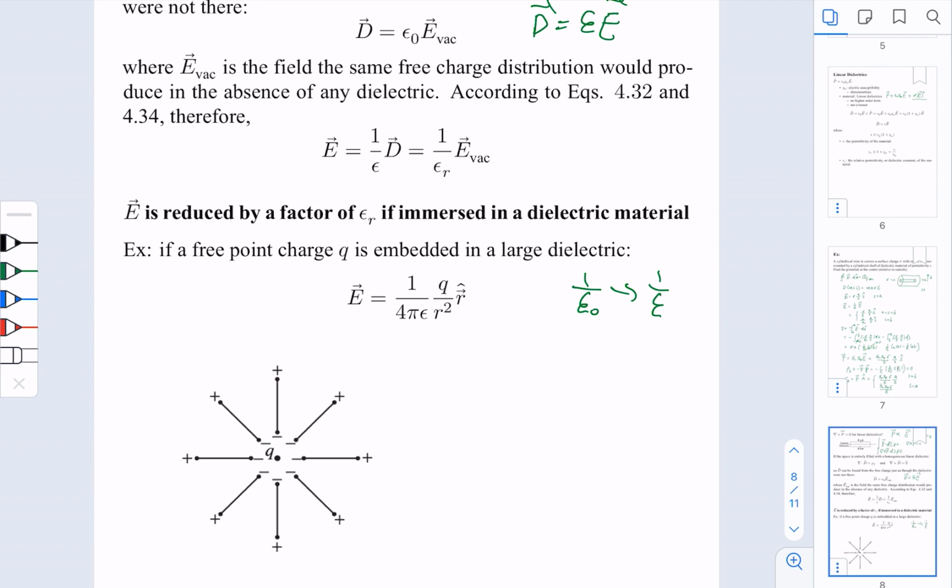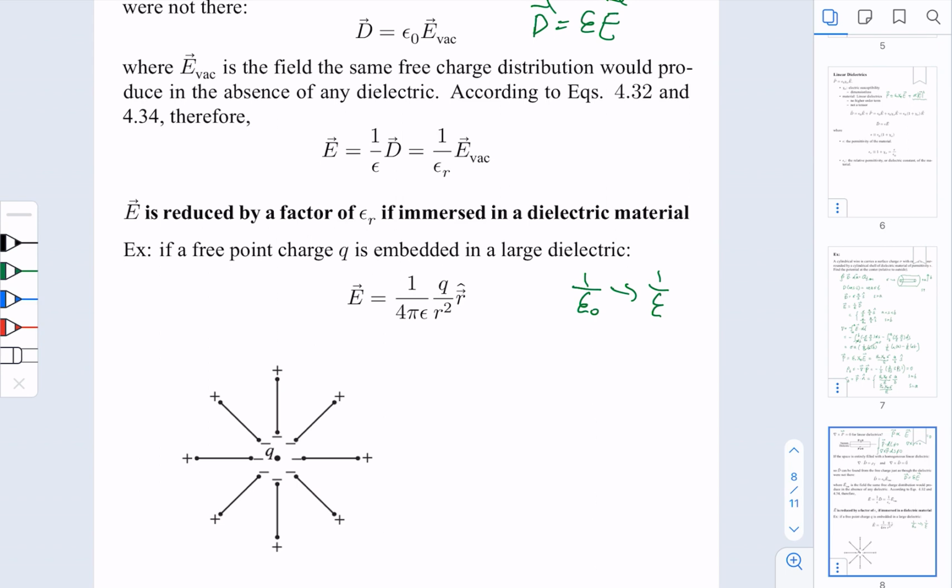There will be negative charge attracted to the point charge, and the positive charge will slightly go away from it, and this induced charge introduces an effect of shielding, but it's not exactly like a conductor.